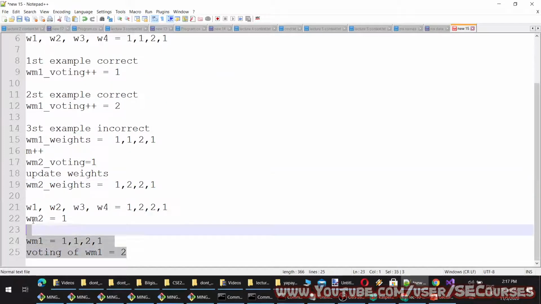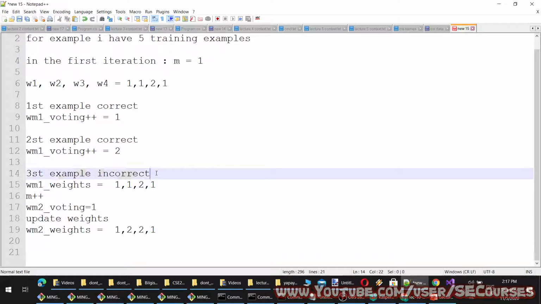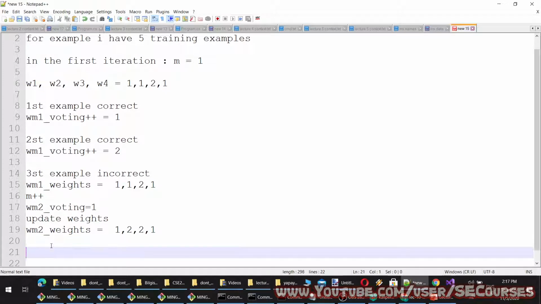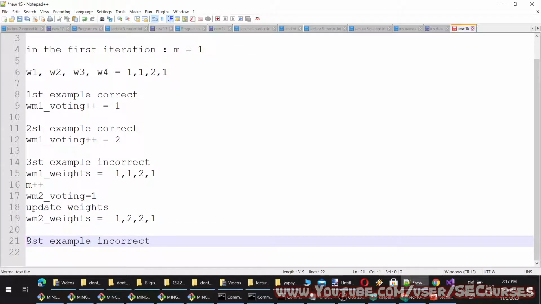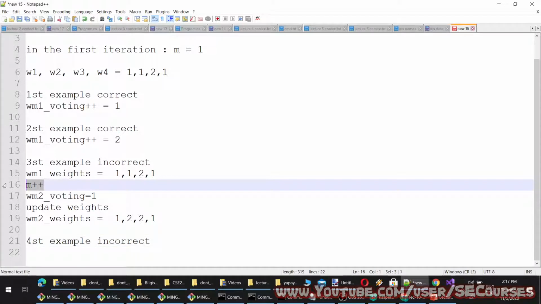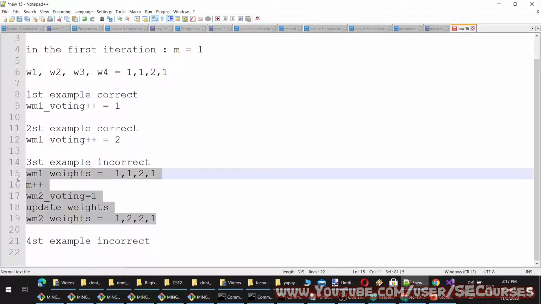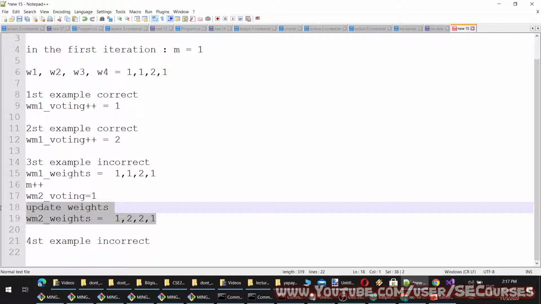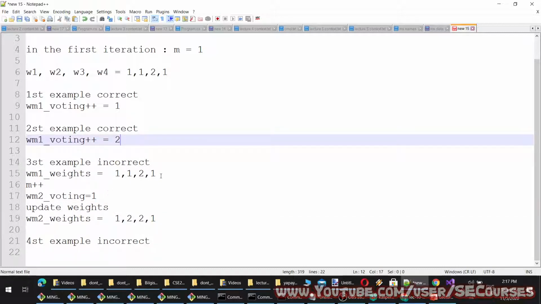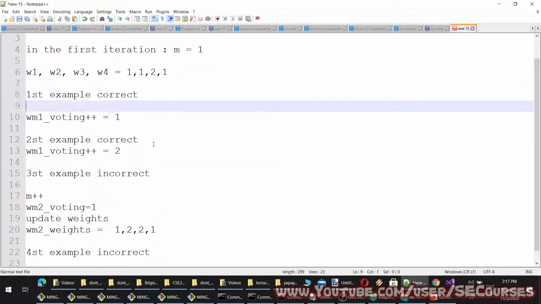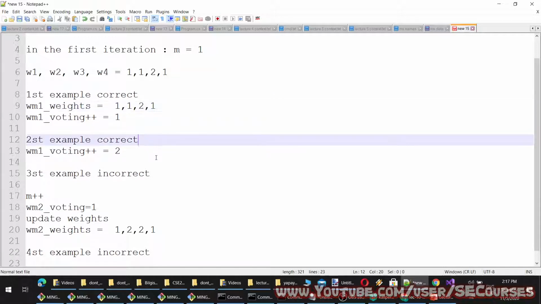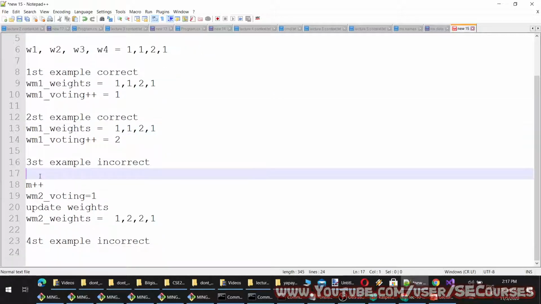Okay, so I continue with the fourth example. Let's say the fourth example is also incorrect. Then I update the weights of m2. I think we don't need this anymore because it was updated here, and it was also the same as here.